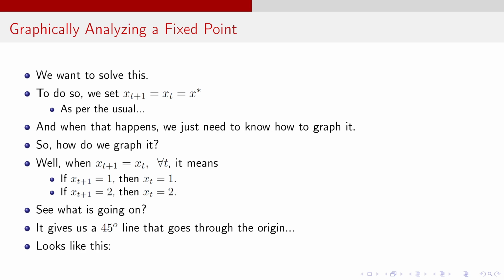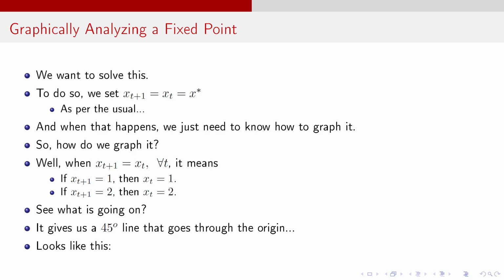Now to do that, we set xt plus 1 equals xt equals x star, as per the usual, as we've done almost ad nauseum thus far. When that happens, we just really need to know how to graph this. So how are we going to graph it? Well, when xt plus 1 equals xt for all t, what that means is if xt plus 1 equals 1, then xt also equals 1.